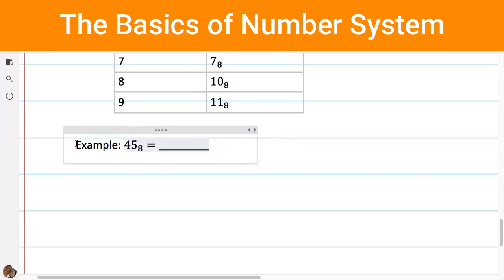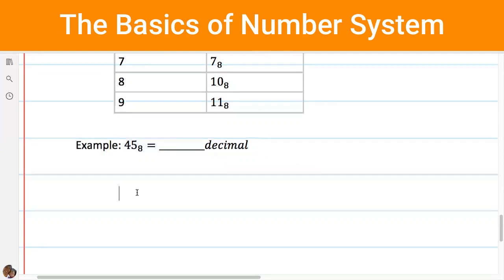Oh no, in decimal. I will erase that. So what is that in decimal form? Okay, Control Z. I will erase this part first. So what is the equivalent of 45 in octal to decimal?